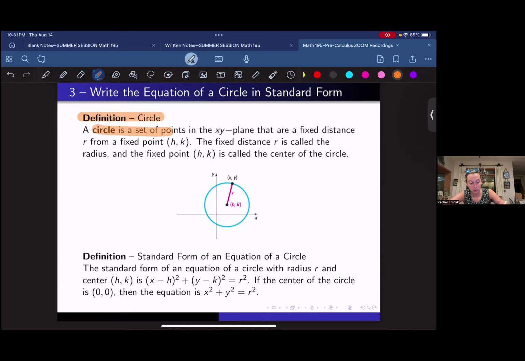It's a set of points in the XY plane that are a fixed distance r from a fixed point h, k, where r represents our radius and our h comma k represents our center point of the circle. So center point and then radius.